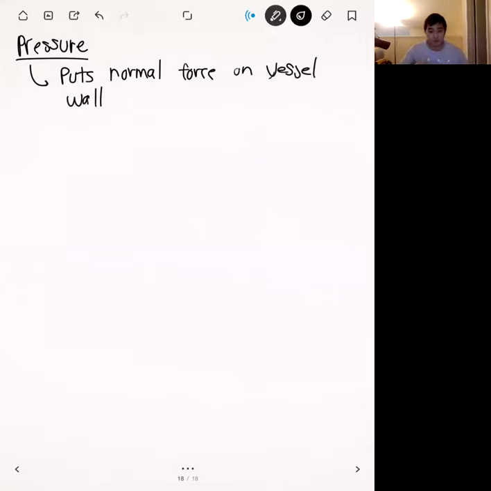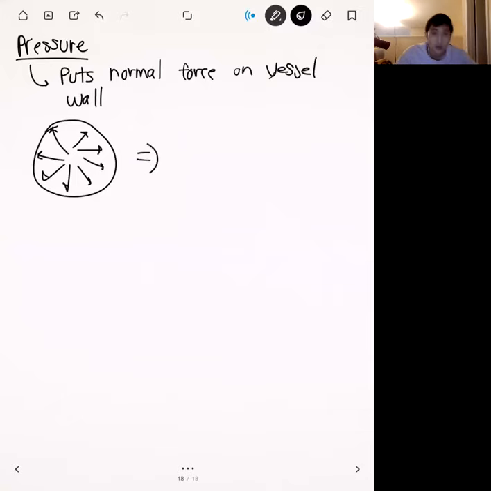Schematically, it looks something like this. The result of this normal force is that it is going to induce circumferential stresses around the vessel wall.